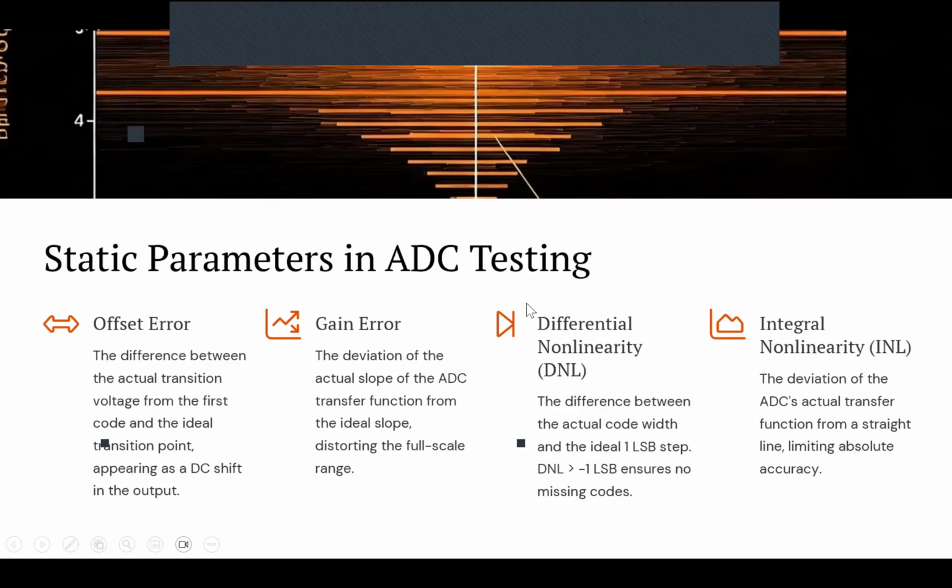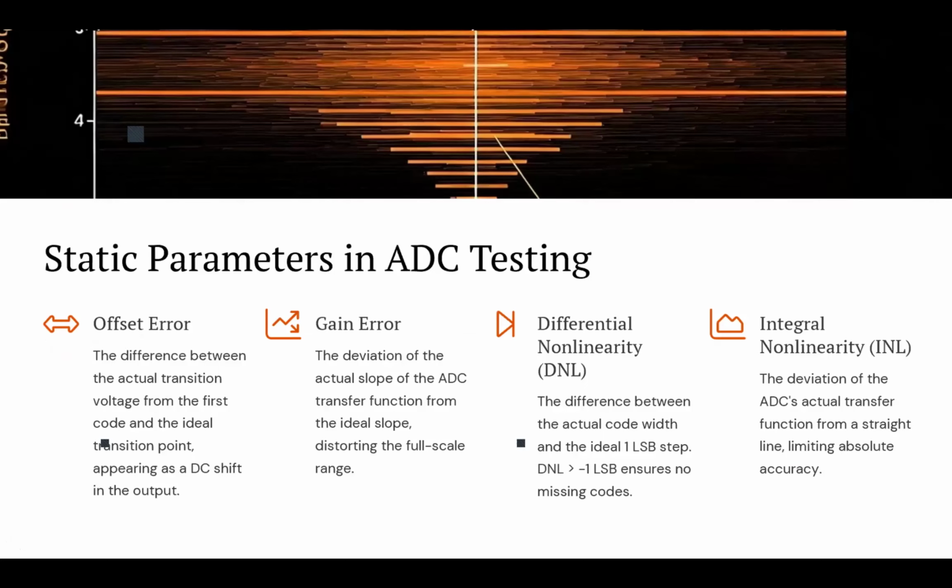Now that we have defined the general testing procedure, let's talk about the words that we mentioned: static parameters, static testing, and dynamic testing. These standards define several static tests. But what is static testing?